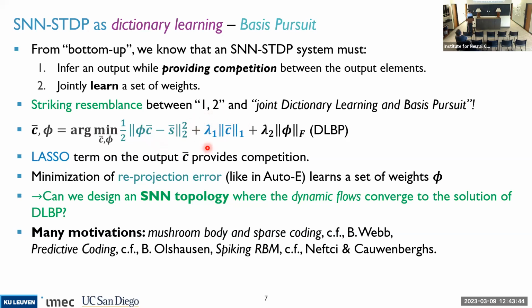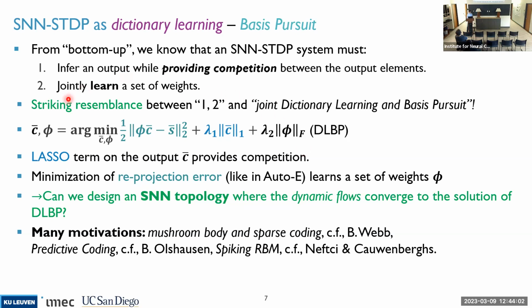It also observes some regularization constraints on the sparsity of the output C through, for example, a lasso regularization. We can also add some weight decay for normalization of the weight matrix.